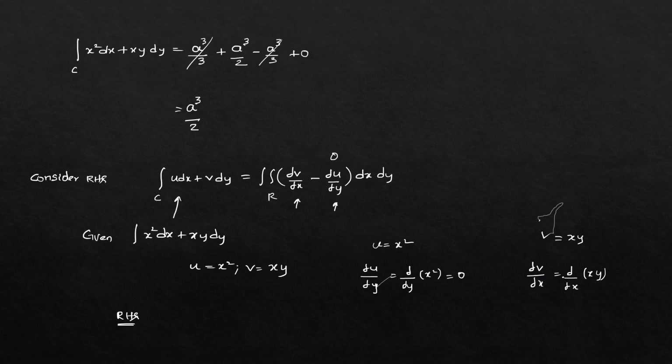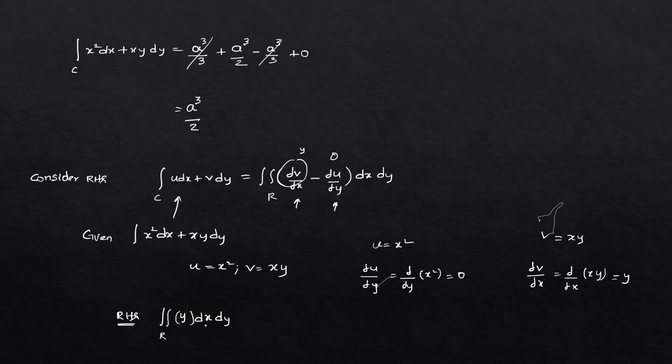The other variables other than x are all constant. So dou by dou x of xy will be y, because dou by dou x of x is 1, so 1 into y is y. So now RHS will become the double integral over the region of y minus 0, that means y dx dy.